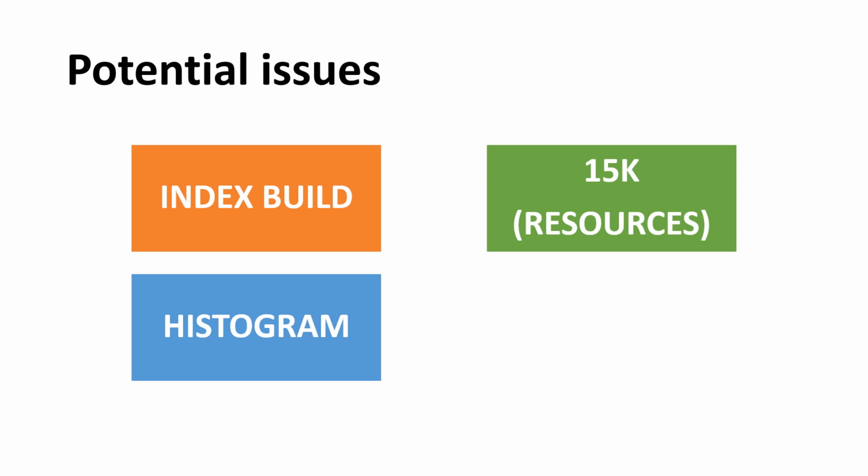As I mentioned before, 15,000 partitions are supported, but you'll need enough resources to come anywhere close to that. A single table that is partitioned into even 15,000 partitions still has only a single histogram that has only 200 steps to describe the distribution of data. And this is one of the Achilles heels with table partitioning. As you add more and more data, the histogram is, I would say, more and more meaningless.